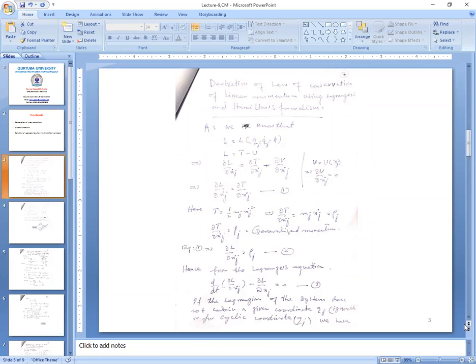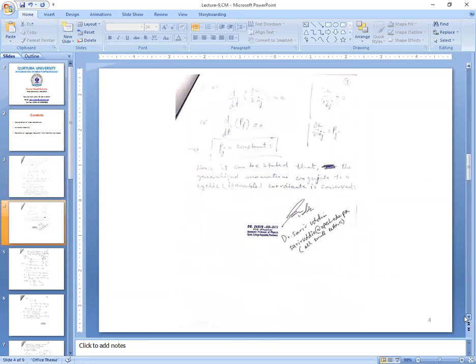So remember this. When F is equal to 0, it means that in the absence of an external force, d by dt of Pj is equal to 0, which shows that P is equal to constant. That is, the change in the momentum with respect to time is equal to 0.